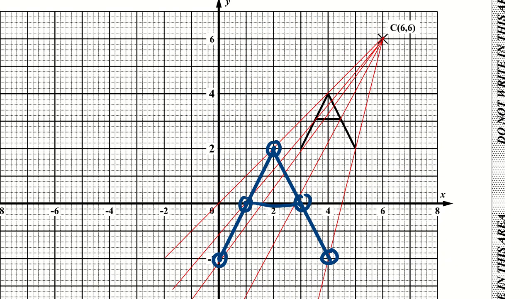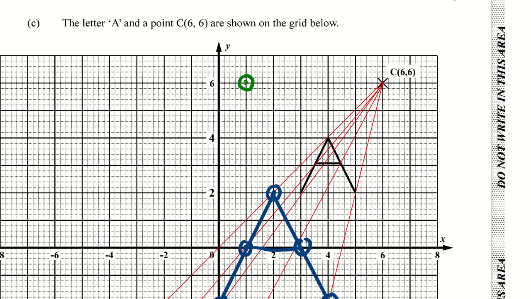1, 2, 3, and then you're going 2 units up. 1, 2. So it's going to be here. You do the same thing for each point. Well, actually, no. You could count from here. It was 3 units across this side and 2 units up, so the vector is (-3, 2).